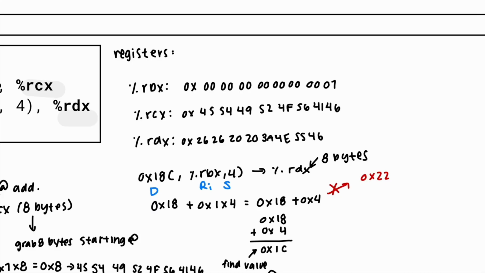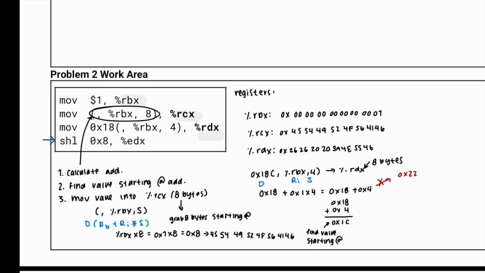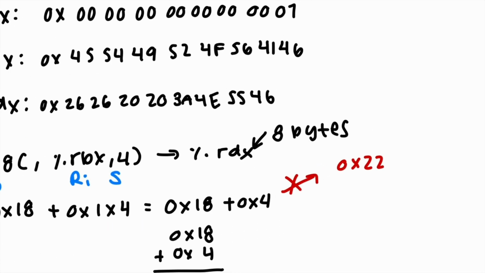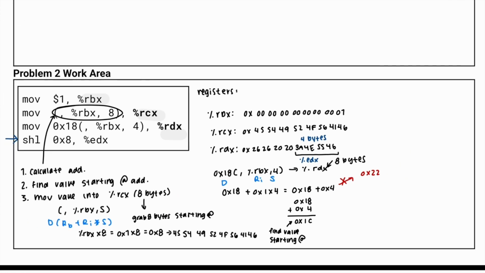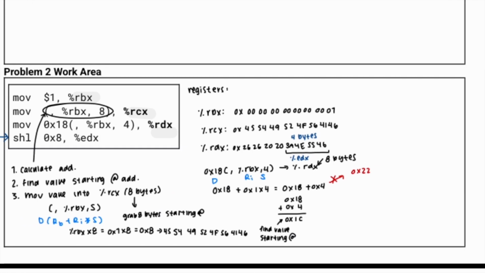Let's move on to our final instruction. Our final instruction asks us to shift EDX left by 8 bits. EDX refers to the last 4 bytes of RDX. Let's shift this left by 8 bits.